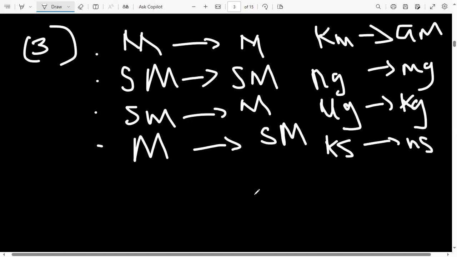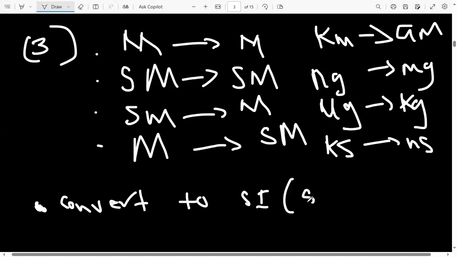So what is the rule when you are converting units under this third category? The rule is that you first convert whatever you have to the SI unit. The SI units can be seconds, meters, grams, or kelvins, all those 7 that I mentioned earlier.